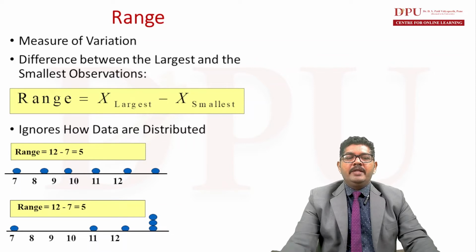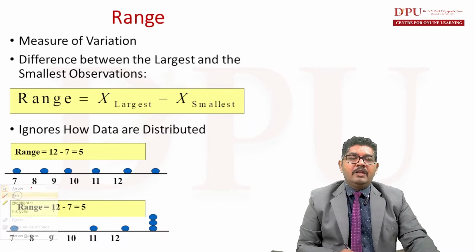So we have two examples here, and the range value for both of these observations is the same. So range is equal to 12 minus 7 for the first observation. This is the data set 7, 8, 9, 10, 11 and 12. So the largest value is 12, the smallest value is 7, and the range is equal to 5.